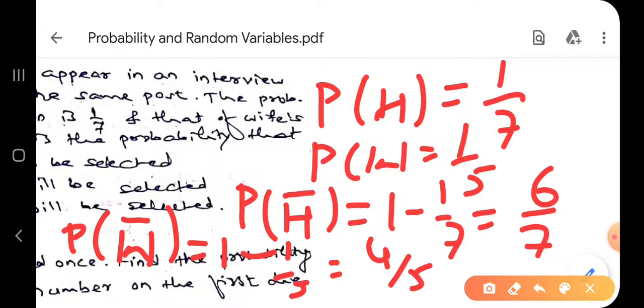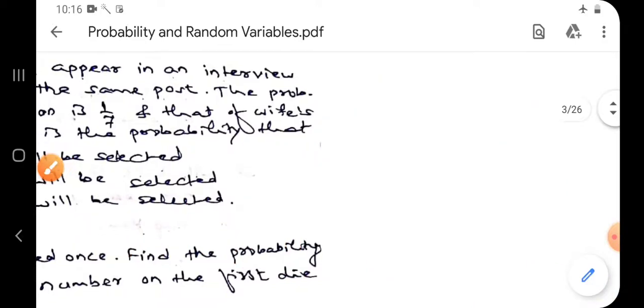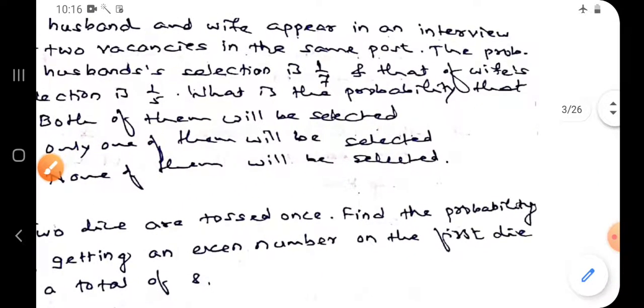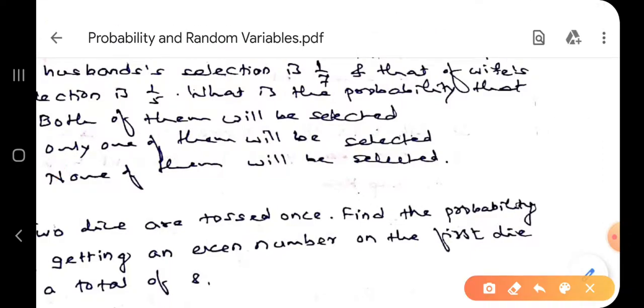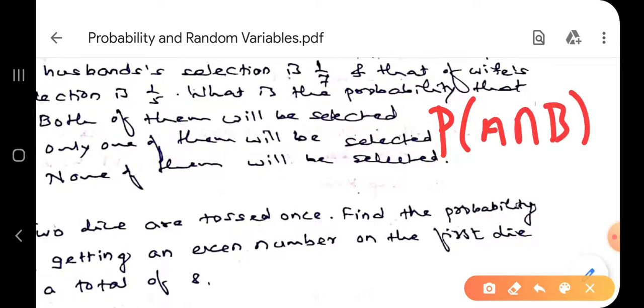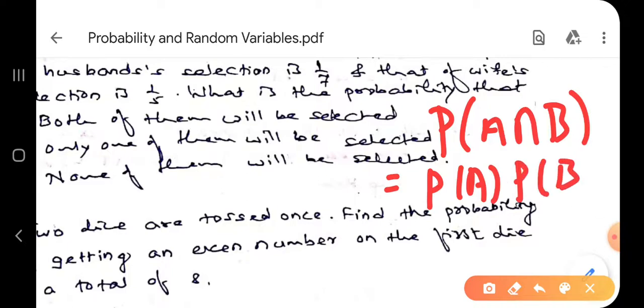Now we will turn towards our problem. What is the first one? The probability that both of them will be selected. Both of them means P of A intersection B. Right? These two events are independent events because two separate posts are there. So how do I write it? P of A into P of B. What is the value of P of A?